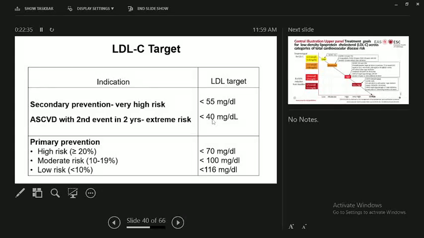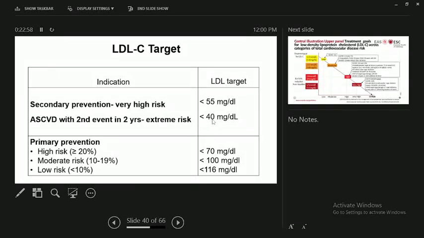So what is the target for these patients? For secondary prevention, if they already have any cardiovascular disease, they are at very high risk, so their LDL target is less than 55. What do you mean by extreme risk?